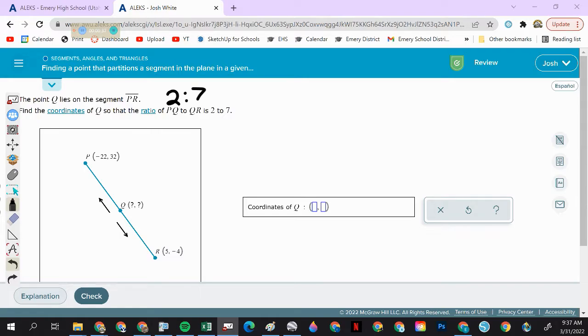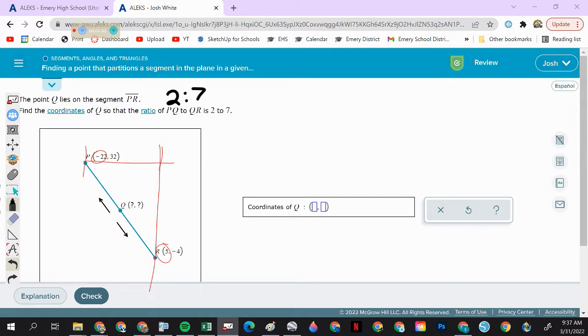Okay, how do we do that? Well, we need to figure out how far the x coordinate is from P to Q. So how far is it from negative 22 to positive 5? So if we look at the x's, how far is it from here to here?